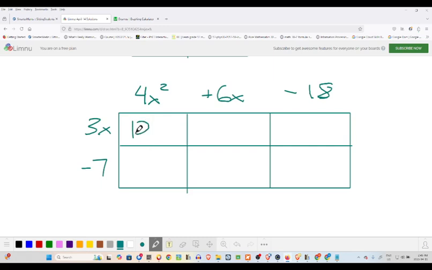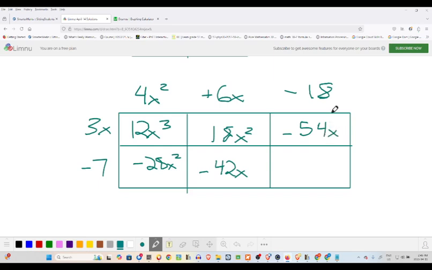So here, 12x cubed, negative 28x squared, 18x squared, for that 6 times 3 and the x times x, a negative 42x, the 3 times the negative 18, we have a negative 54x. And finally, a negative 18 times a negative 7. 18 times 7 is 126.